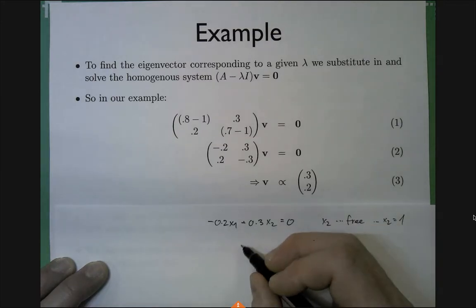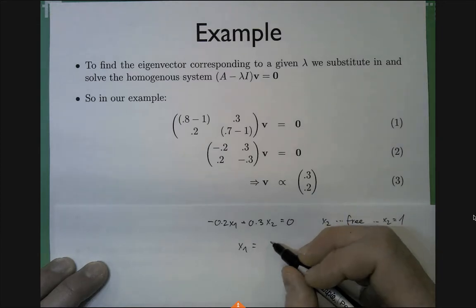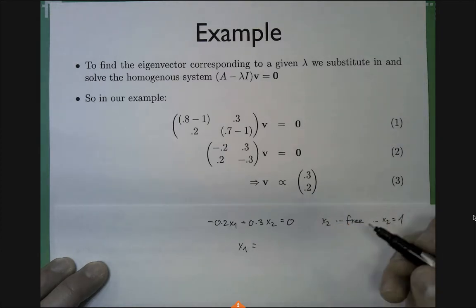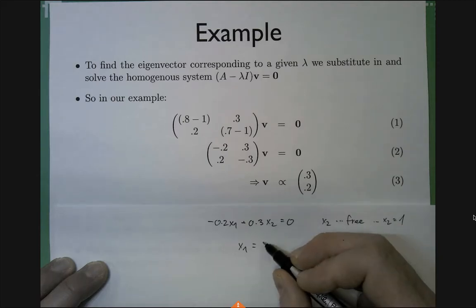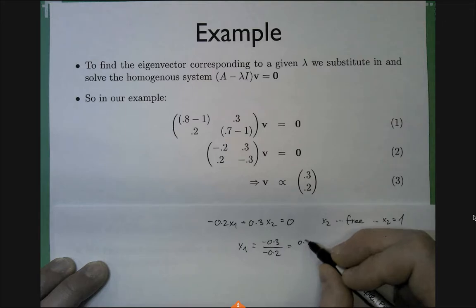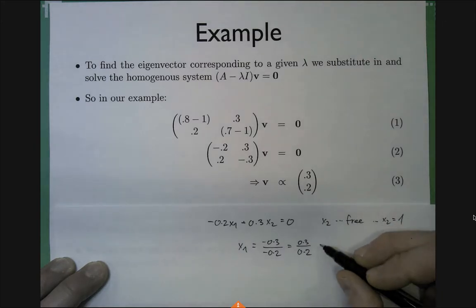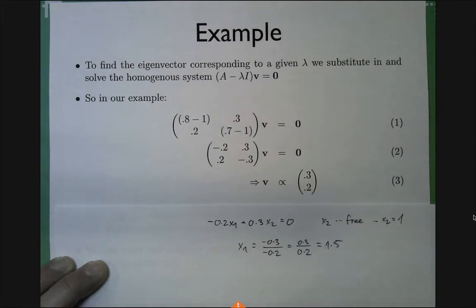And that gives me x1 equal to minus 0.3 divided by minus 0.2, right? So it's 0.3 divided by 0.2, which is 1.5. So the corresponding eigenvector would be 1.5 and 1.